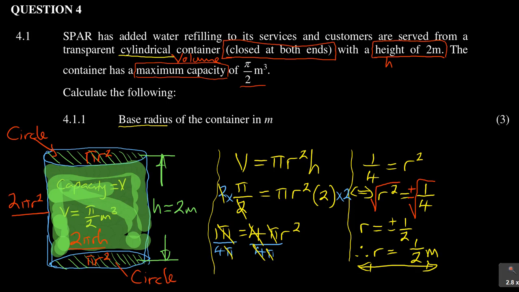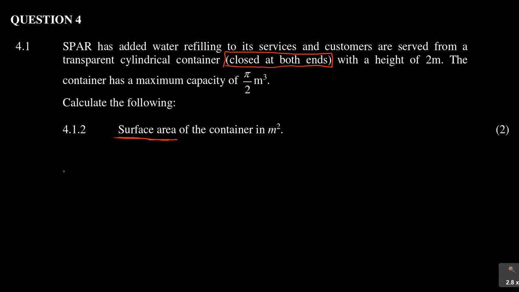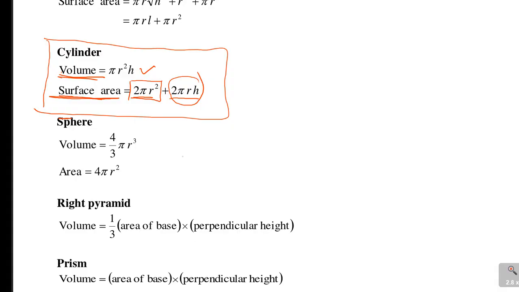So now if I take this whole formula, 2 pi r squared plus 2 pi rh, to say surface area, I'll use SA for surface area, is equal to 2 pi r squared plus 2 pi rh.